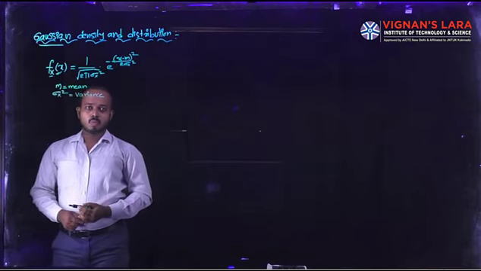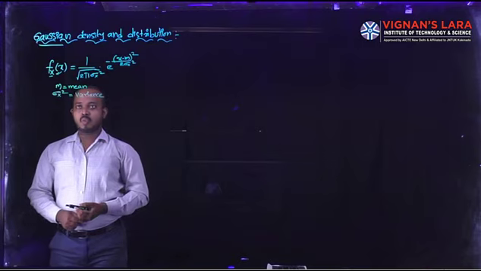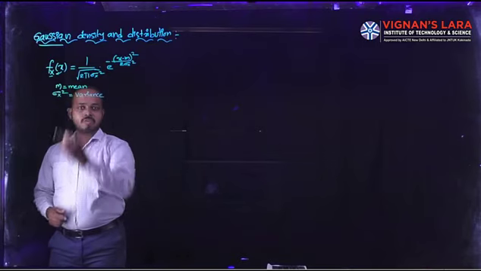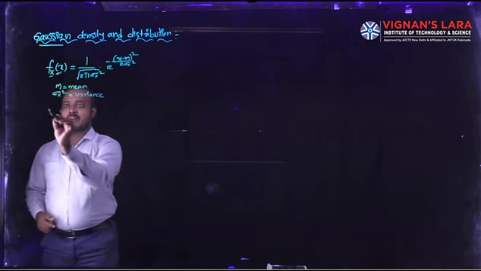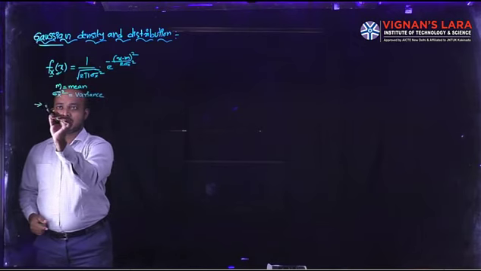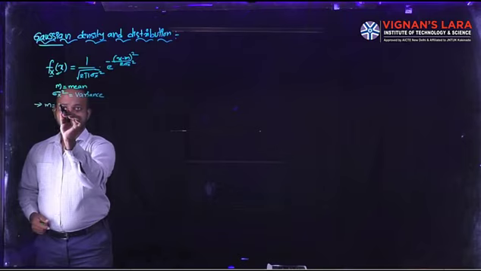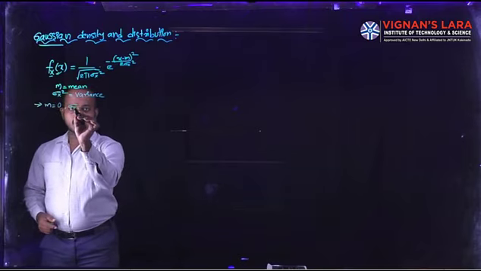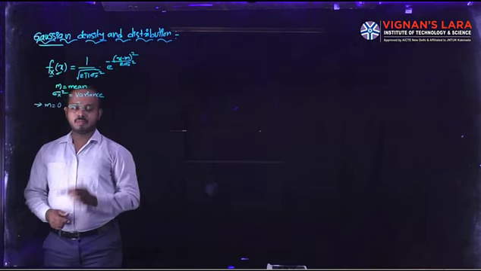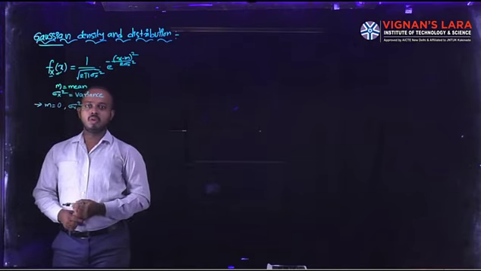Here we need to take these two values: m for the mean value and sigma_x square for the variance. Here I am taking m equal to 0 and sigma_x square equal to 1.